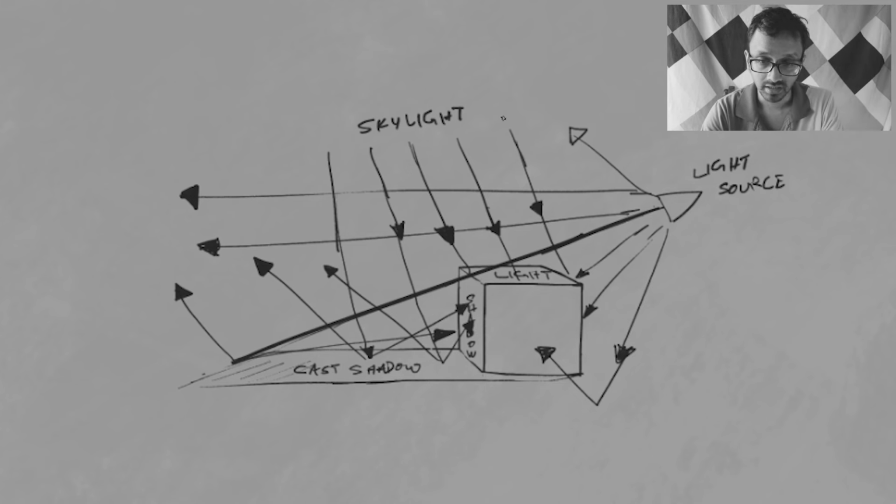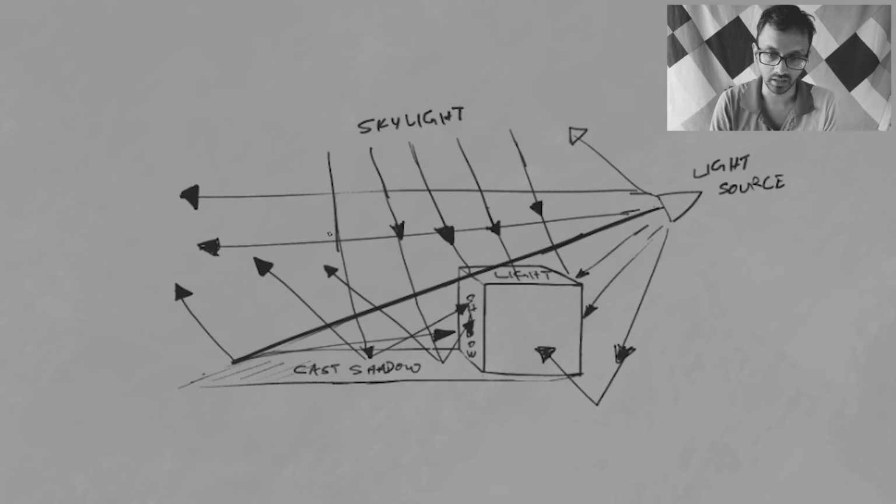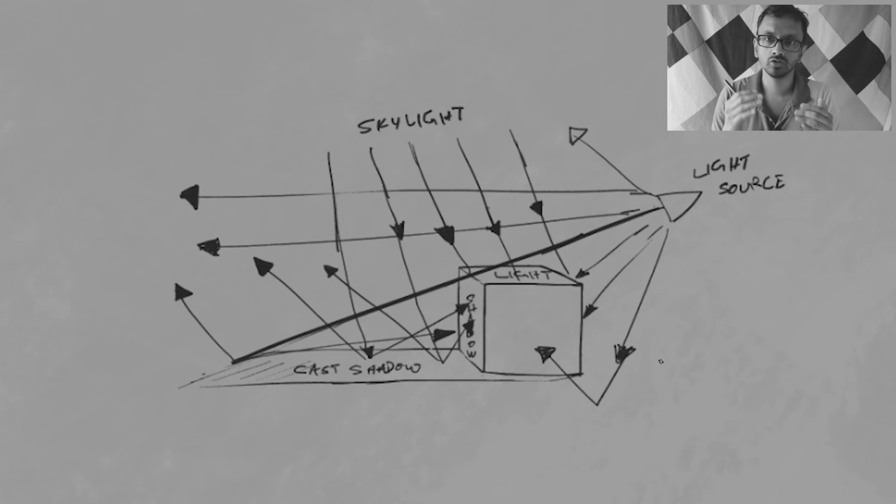But then the skylight and the other rays of light are bouncing off the floor, and the skylight is hitting the cast shadow and creating something called ambient light or bounced light. So it is not just one source of light, it is multiple sources. Light travels in all directions and bounces off all of the surfaces that we see.